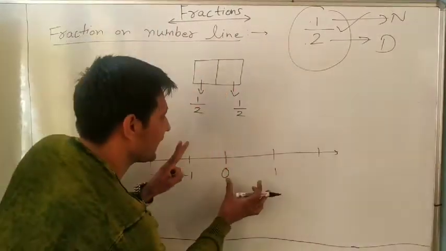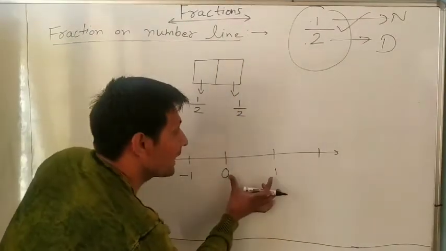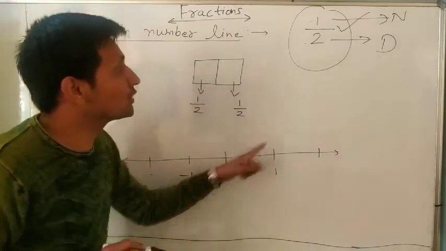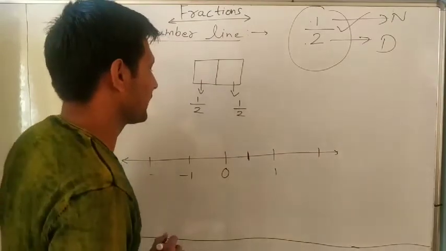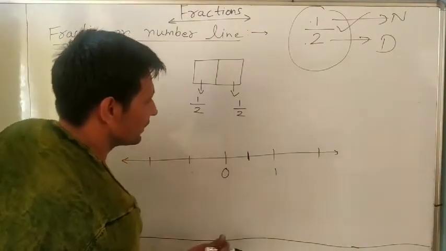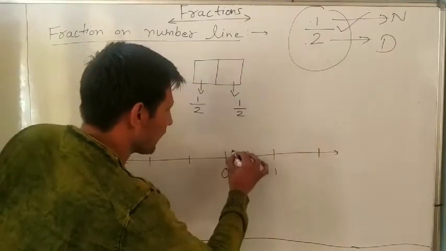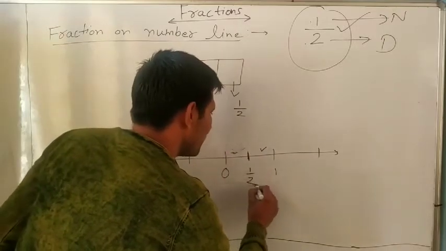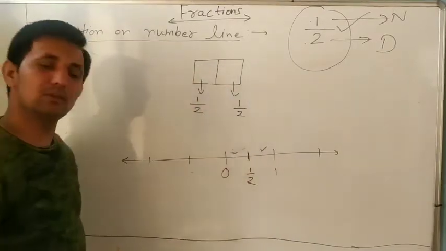So between 0 and 1 we will take 2 equal parts. So we will take the middle of 0 to 1. It is the middle, because we have to take 2 equal parts. So it is 0 to 1 whole, and now 1 part is this one. So it is 1 upon 2, like this one.